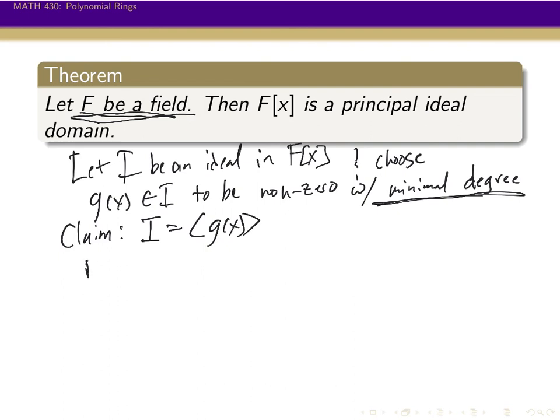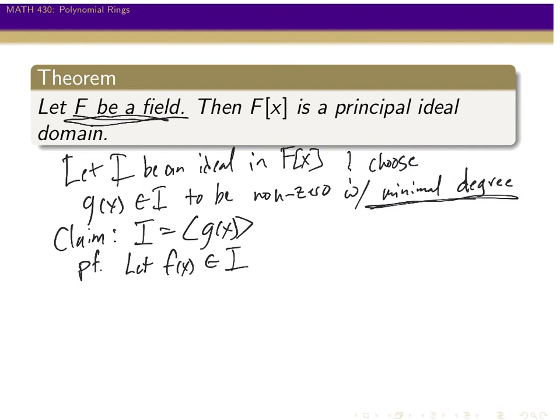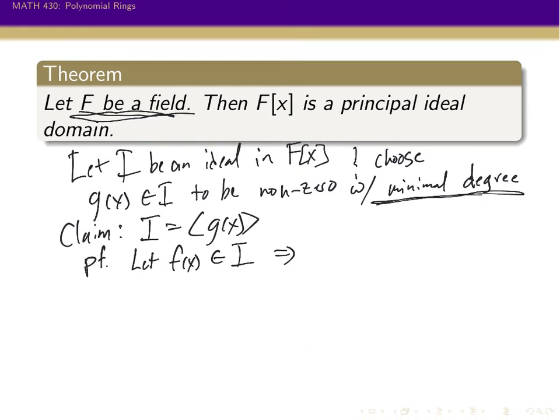And so the proof of this is, let f(x) be in the ideal. Note that since g(x) has minimal degree, let f(x) be non-zero.